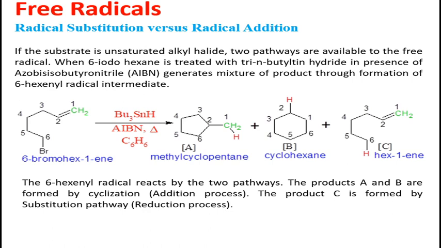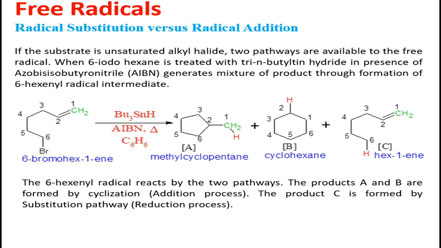See the product C and compare it with the reactant. The bromine atom from the reactant is replaced by hydrogen. That means it is a substitution pathway, or it is also called the reduction pathway or reduction process. I think you have got the point.